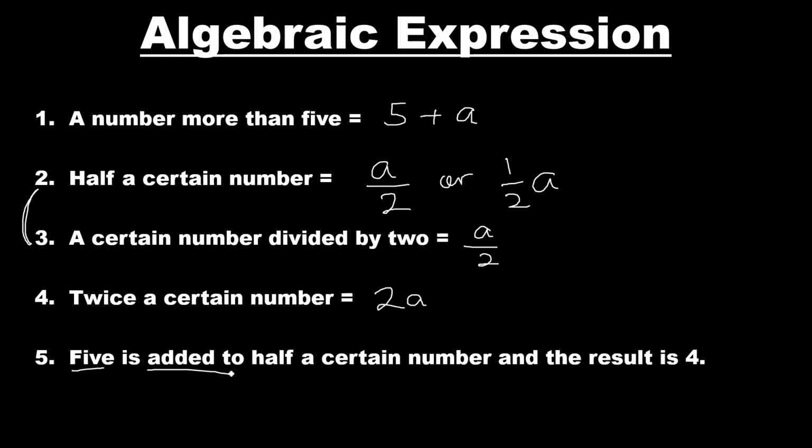Half a certain number is A over 2, because we've chosen our certain number to be A. 5 is added to this number, and the result is 4. The result is equal to 4. This is so straightforward and easy to write.